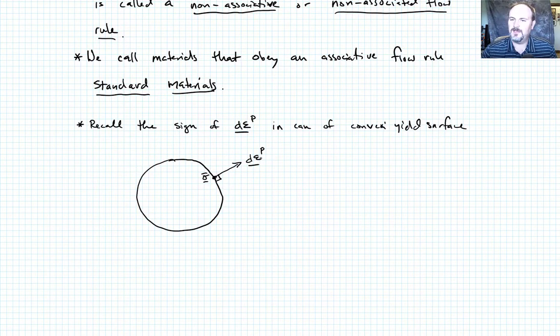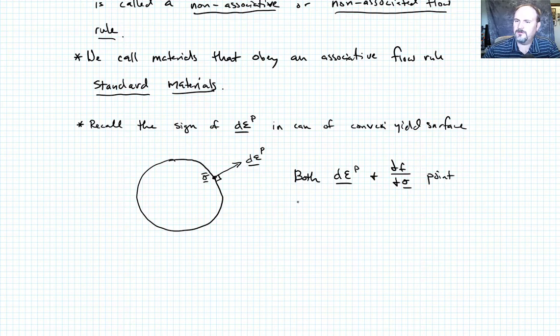What we just showed was that a vector that also points in the outward direction is the gradient of f with respect to sigma ij. So just note that both d epsilon p and the partial of f with respect to sigma point in the same direction.